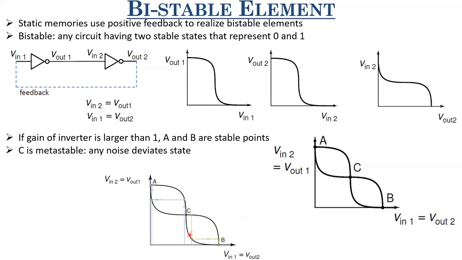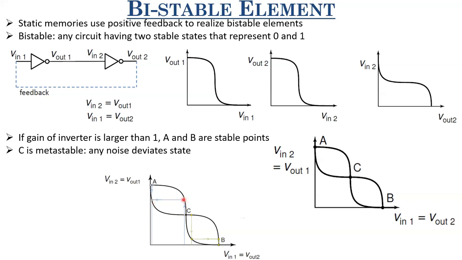We follow this curve, and we get that V out 1 is this. Now, this V out 1 is the input of this inverter, so this voltage is actually this voltage here. This is V out 1, right? This is the input to this inverter. And what is the characteristics of this inverter? It's this, in this transformed axis. So corresponding to this as the input, what is the value that we are getting?